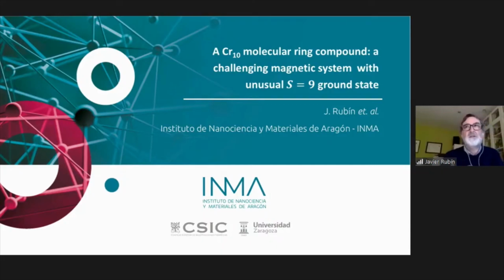So a new title could be: A chromium-10 molecular ring compound, a challenging magnetic system with unusual spin 9 ground state. So I will not focus only on neutron scattering.